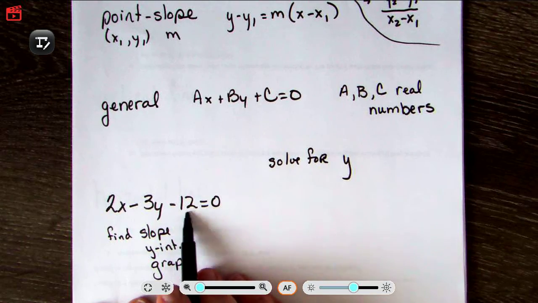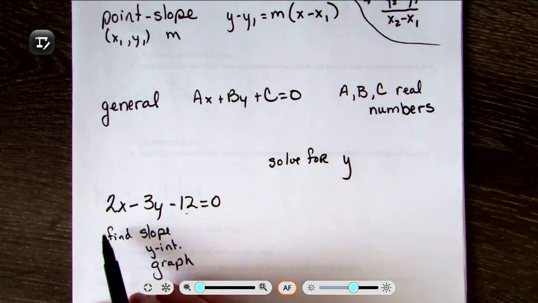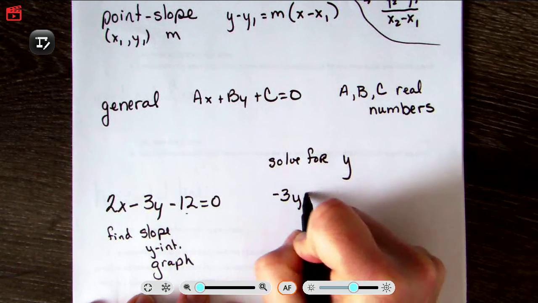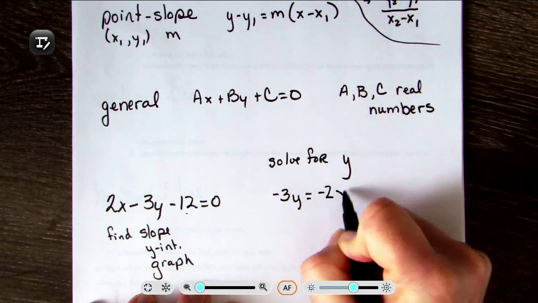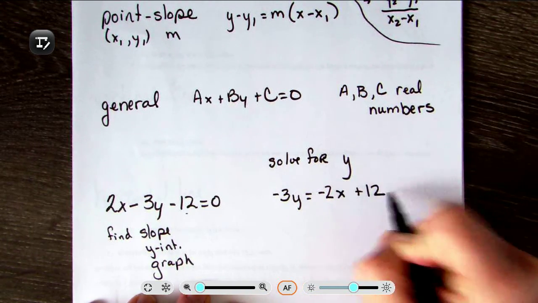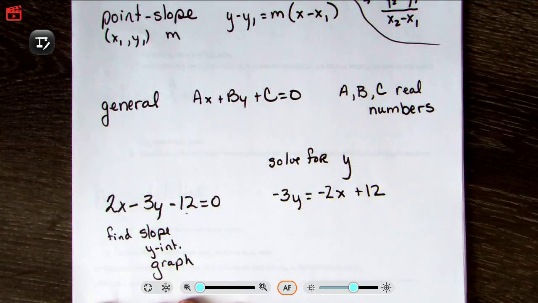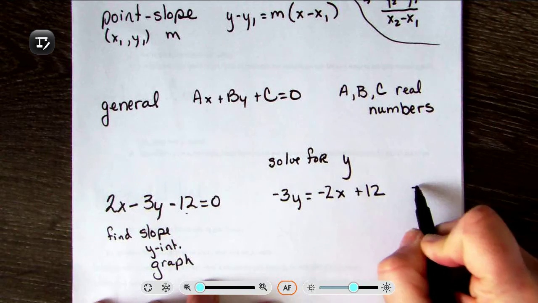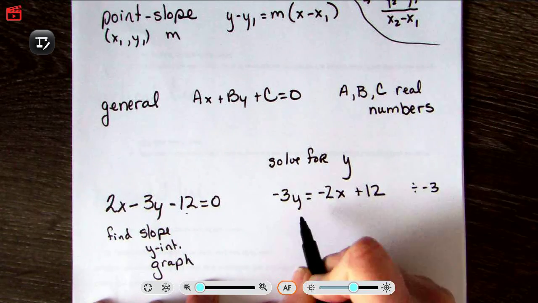So I'm going to add 12 to both sides as well as subtract 2x from both sides. And now I'm going to divide everything by negative 3.